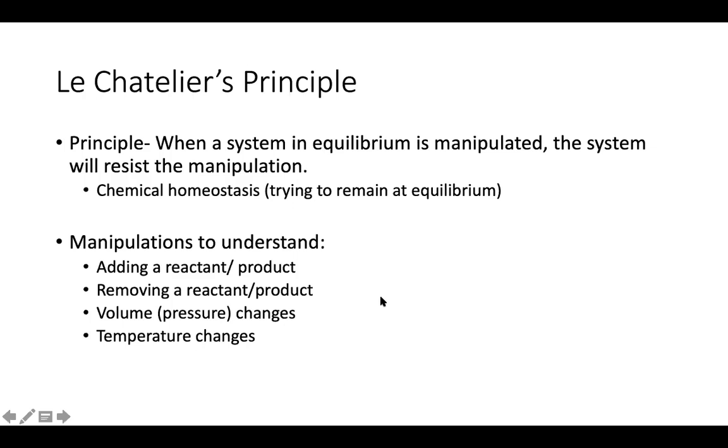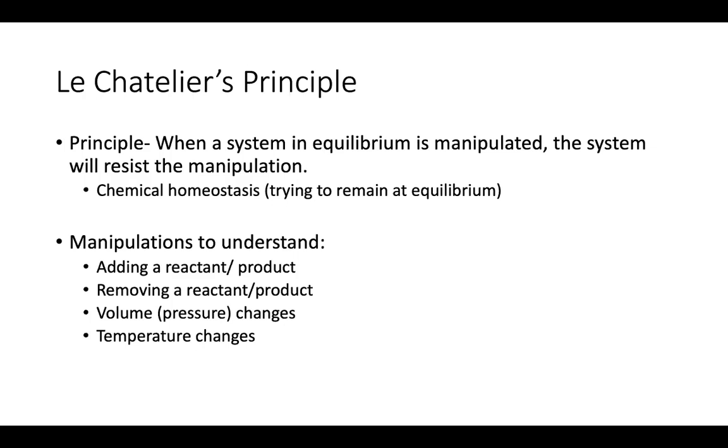The manipulations that you should understand are when you add a reactant or product, when you remove a reactant or product, when you change the volume or the pressure, or when you change the temperature. If you add a reactant or product, you're going to shift in the opposite direction.